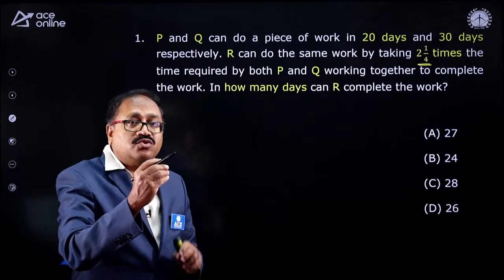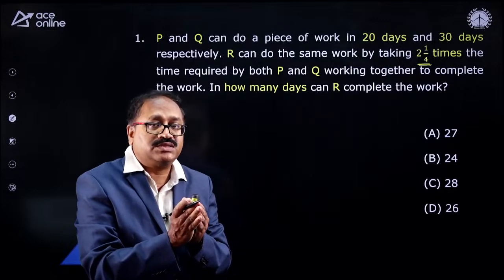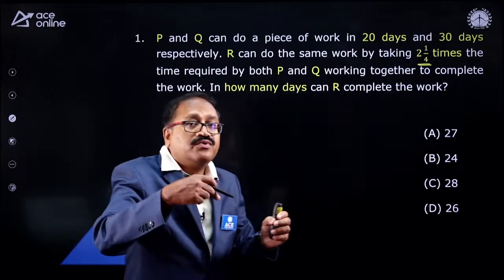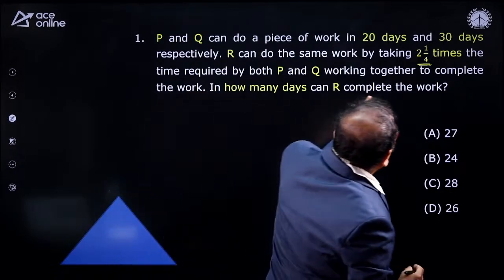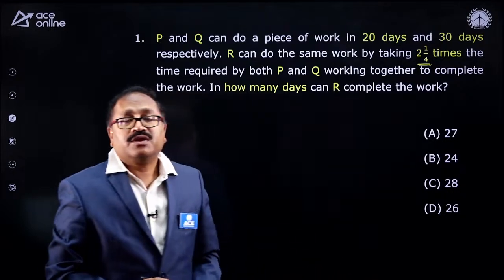That means whatever number of days P and Q together take, R takes 1/4 times of that. Next, the question is, in how many days does R complete the work?